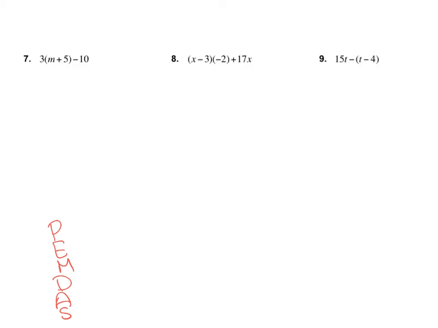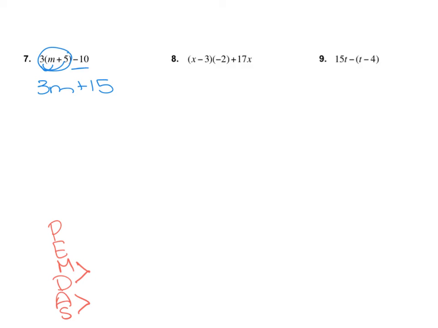I have no exponents, but then I do have some multiplication. Remember, multiplication and division are going to go from left to right, and addition and subtraction are going to go from left to right. So we have to take care of our multiplication first before we can do any addition or subtraction. So let's go ahead and multiply. I have 3m, and 3 times 5 then is plus 15. And now don't forget, you're not distributing that 3 over to the negative 10.